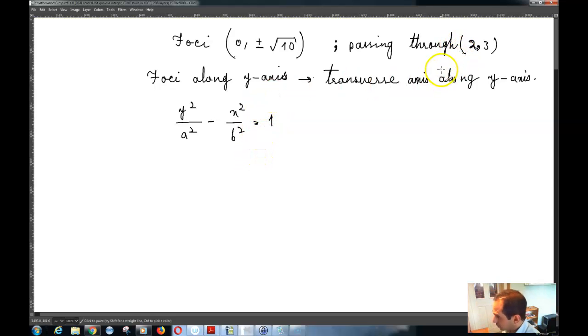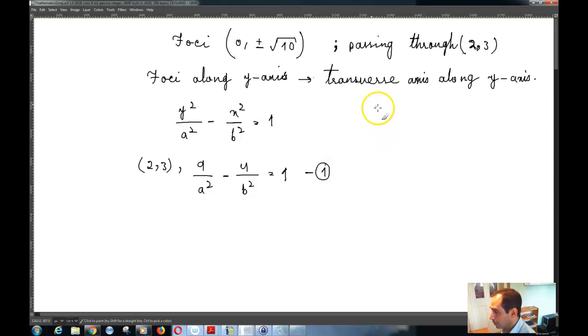Now, since this hyperbola passes through the point 2, 3, I can write 3 squared, which is 9 over a squared, minus 2 squared, which is 4 over b squared, is equal to 1. I call this equation number 1.